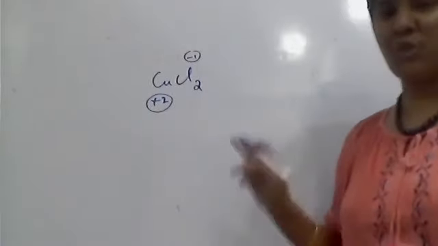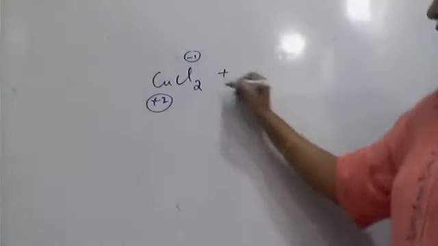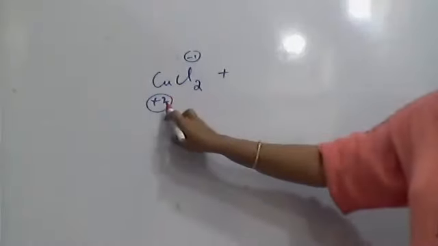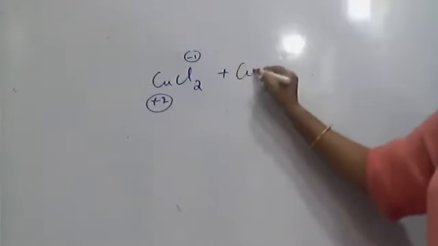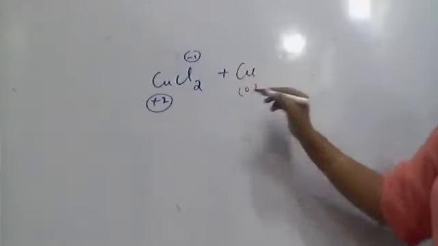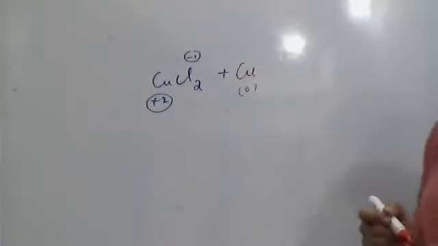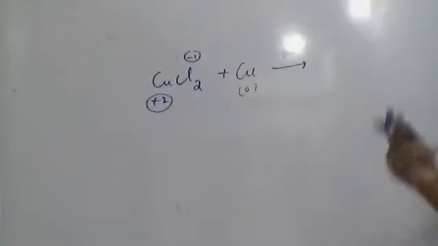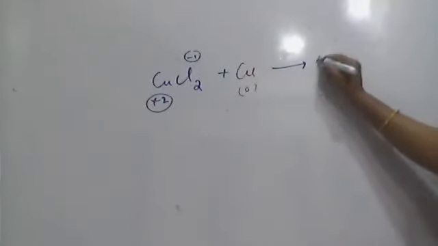+2. It is cupric. Now when this cupric chloride is heated with copper metal, where copper metal is in zero oxidation state, what happens here? When it is heated, you get 2 moles of CuCl.